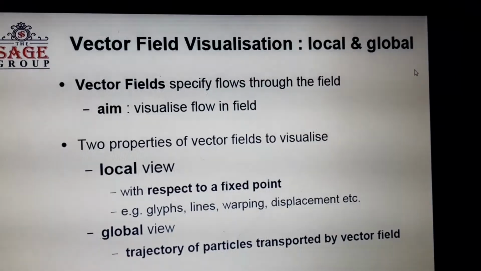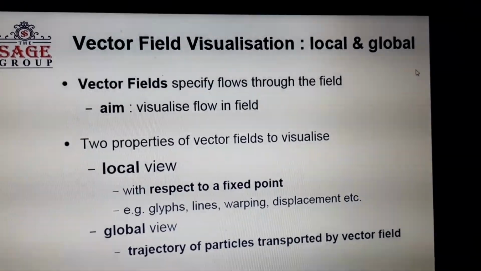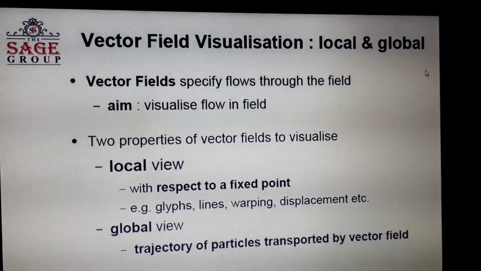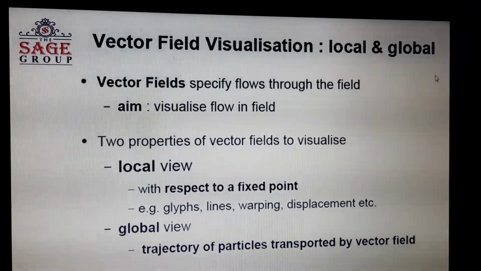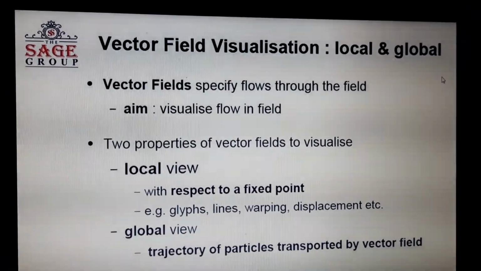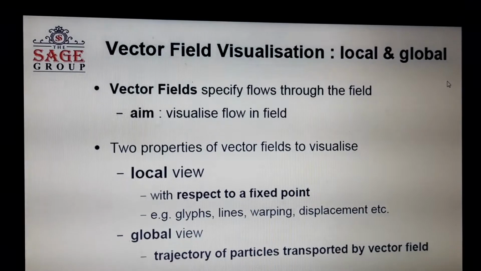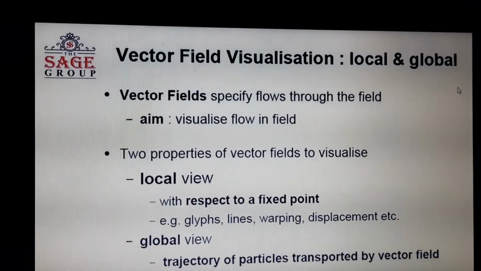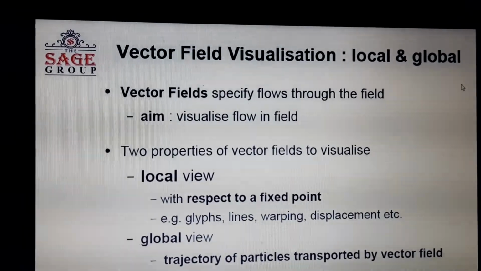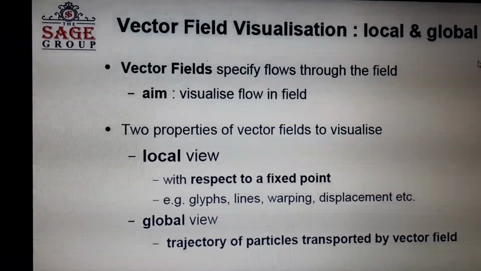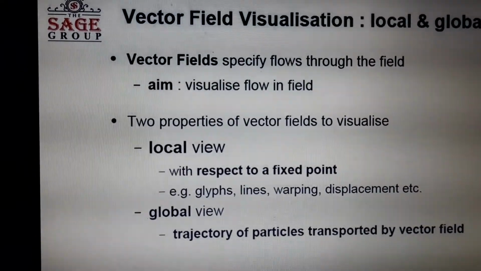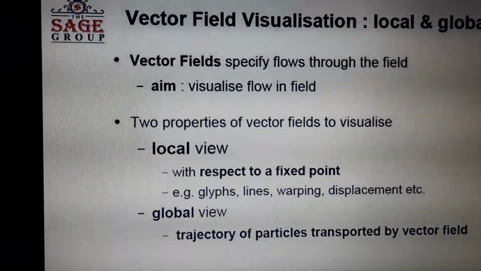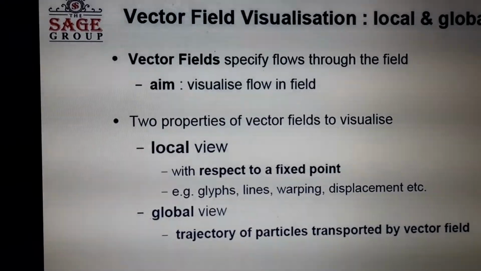Vector field visualization has two categories we were studying, local and global. What is the aim? Vector fields specify flows through the field, and we want to visualize the flow in the field. In the local view, we display it with respect to a fixed point.